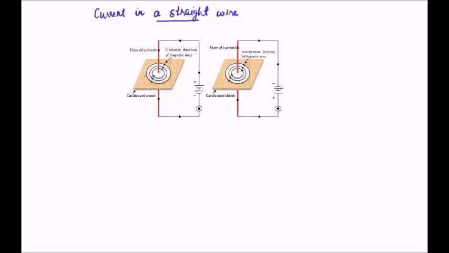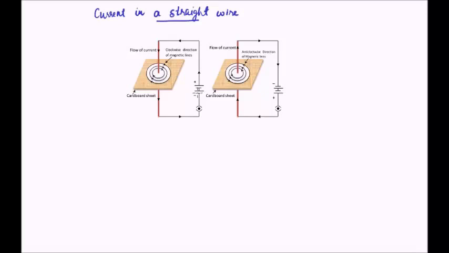Now what is observed is as soon as the current is switched on, in the case on the right, the current will start flowing from the positive terminal, go through here, go downwards in the straight wire and end up at the negative terminal. This you already know clearly.